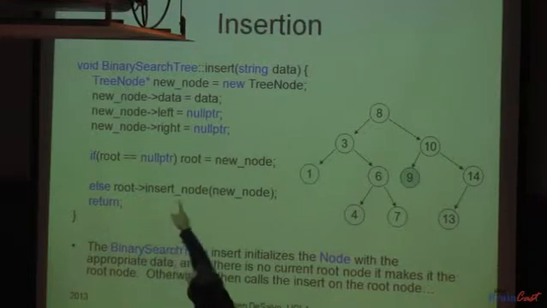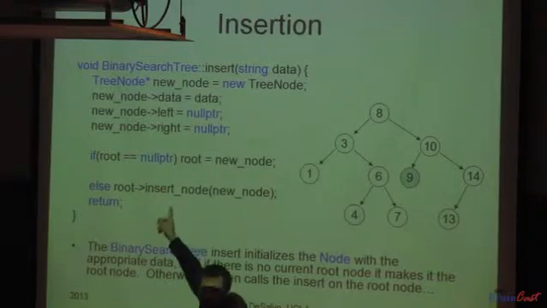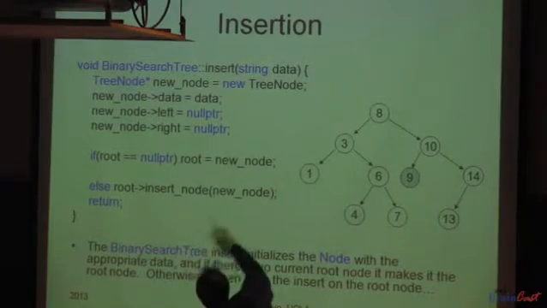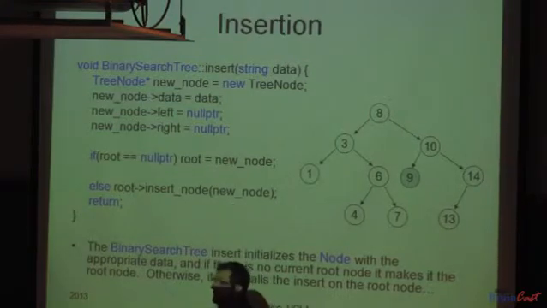The root node then calls not insert, but the tree node member function called insert node, using the node itself, not the data, but the new node object itself, the tree node pointer type. You can do it other ways, but keep in mind that we're inside the insert function for binary search tree. Now we're calling the insert node function, which is a member function of the tree node class.